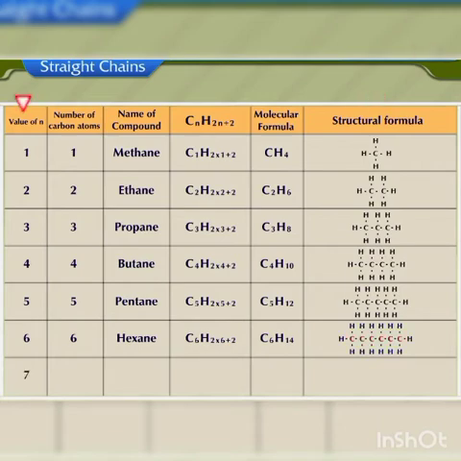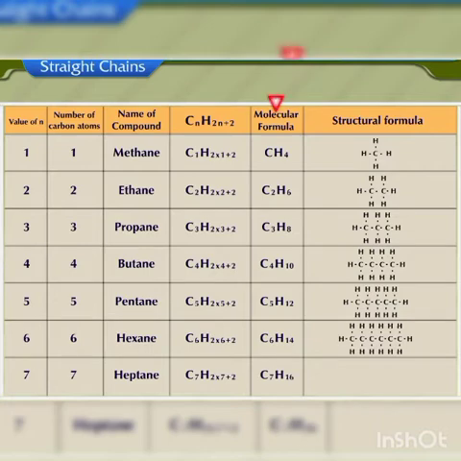If N equals 7, the number of carbon atoms is also 7. The organic compound is heptane, and the formula will be C7H2 multiplied by 7 plus 2. This gives the molecular formula C7H16. The structural formula will have 7 carbon atoms bonded with 16 hydrogen atoms.